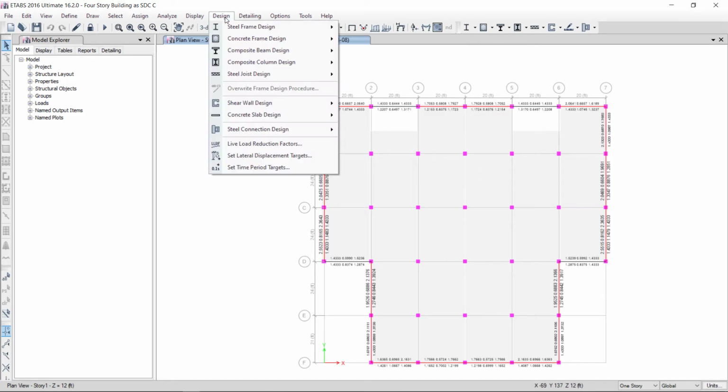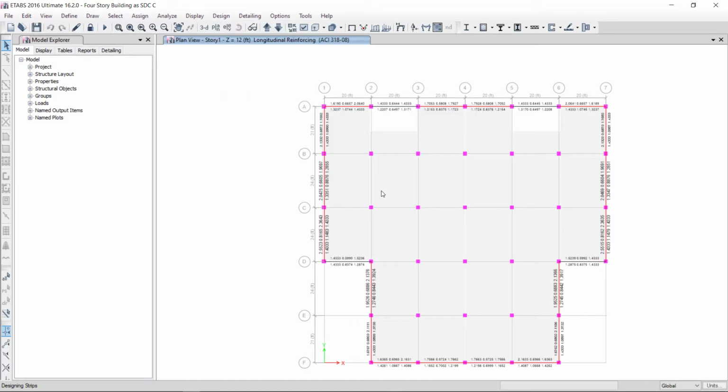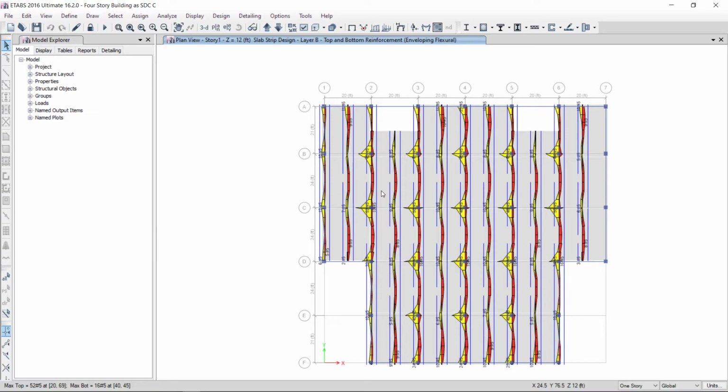Now I can design slab. Now we are talking about reinforcement in the column strip at grid number 4.